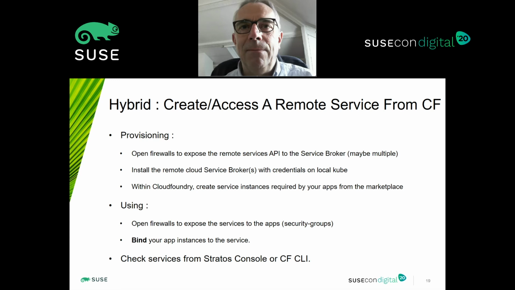Within Cloud Foundry, you will create a service instance required by your app from the marketplace. After, when you have access to the service just created, to use it you have to open the firewall to this service and bind your application to the service as well. You can check all these services through either the Stratos console or the Cloud Foundry CLI.